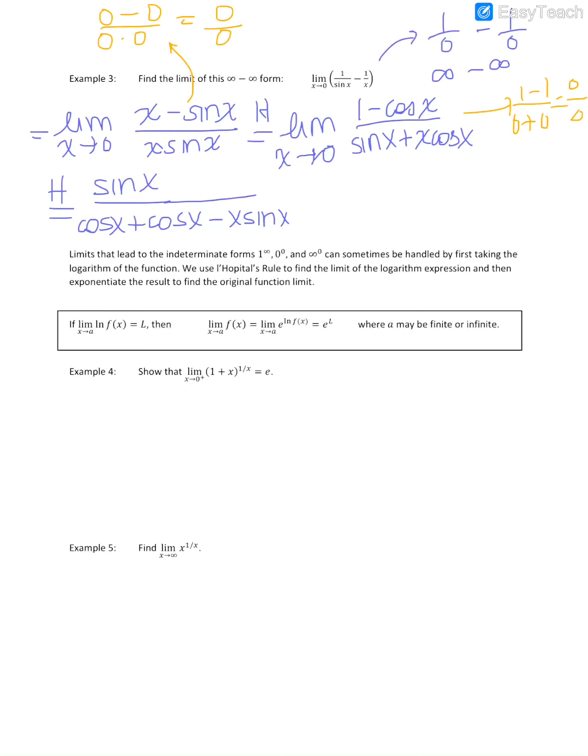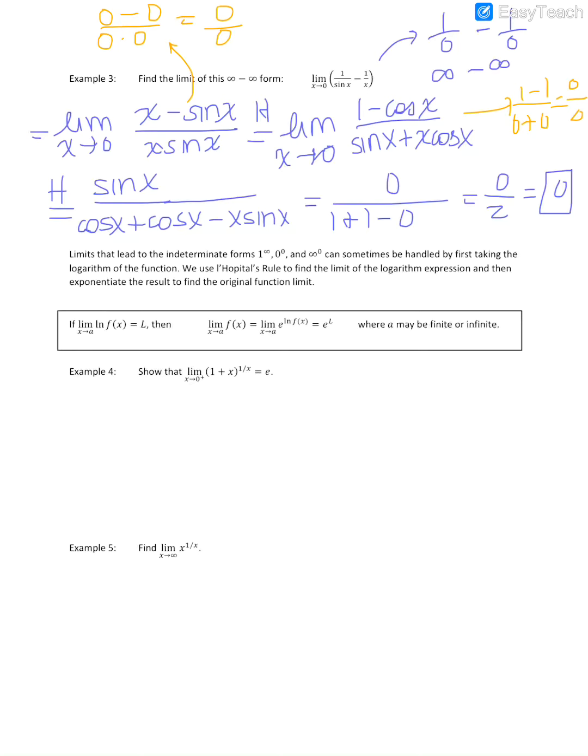Now let's try plugging in our 0. On the top, I'm going to get sine of 0, which is 0. On the bottom, I'm going to get 1 plus 1 minus 0. Well, guess what? 0 over 2, that's perfectly fine. The answer is 0.